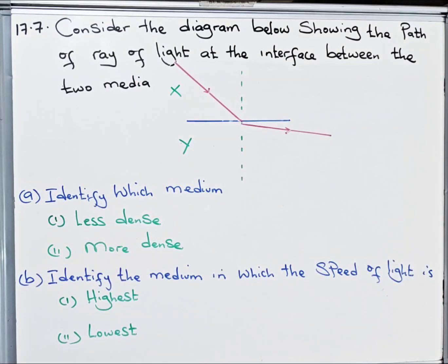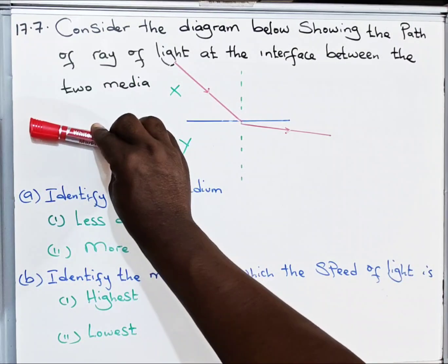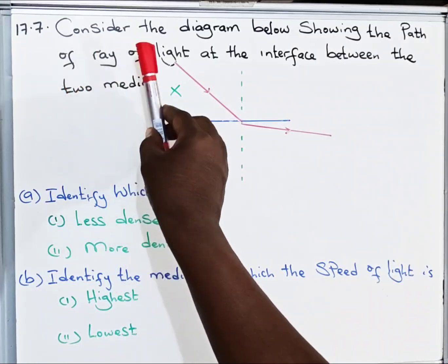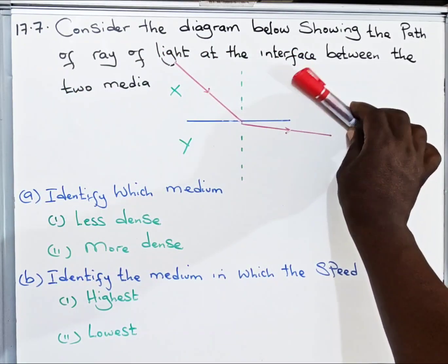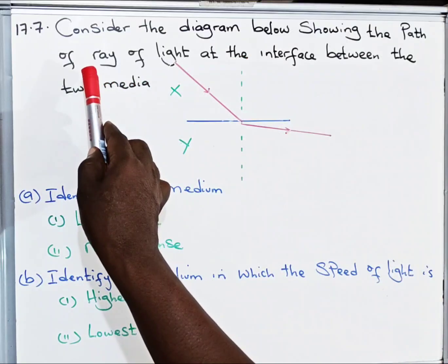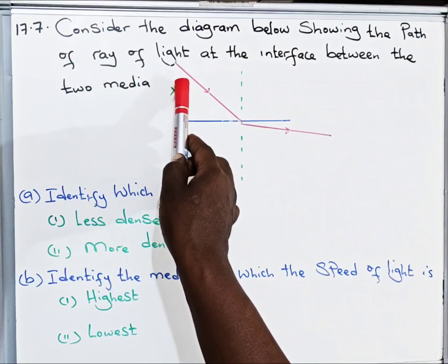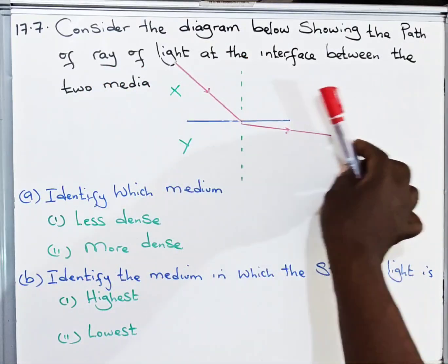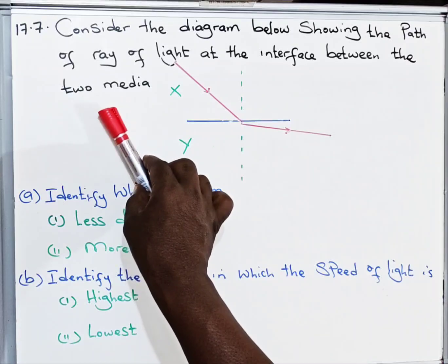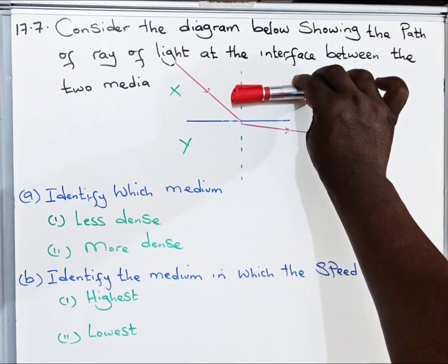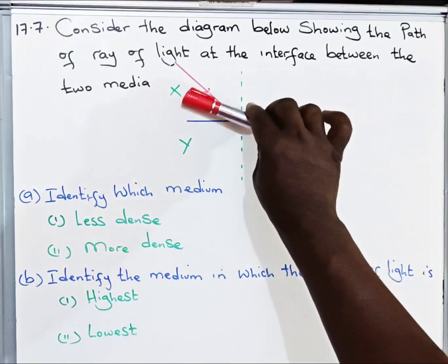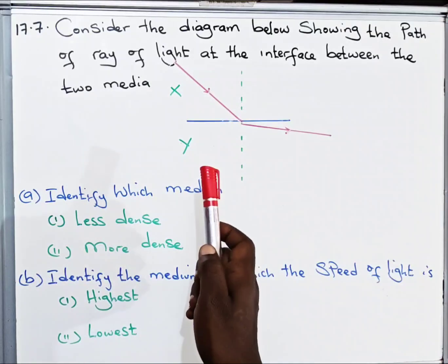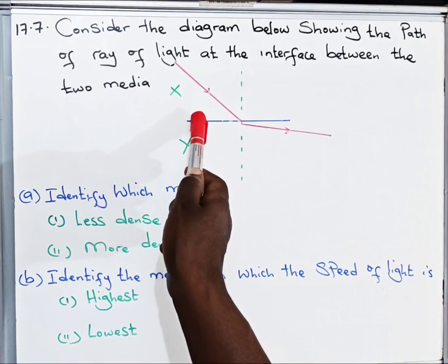And then we come to this question. It says, consider the diagram below showing the path of a ray of light at the interface between the two media. So this is one medium and this is another one, media X and Y. What you're observing here is the ray of light.